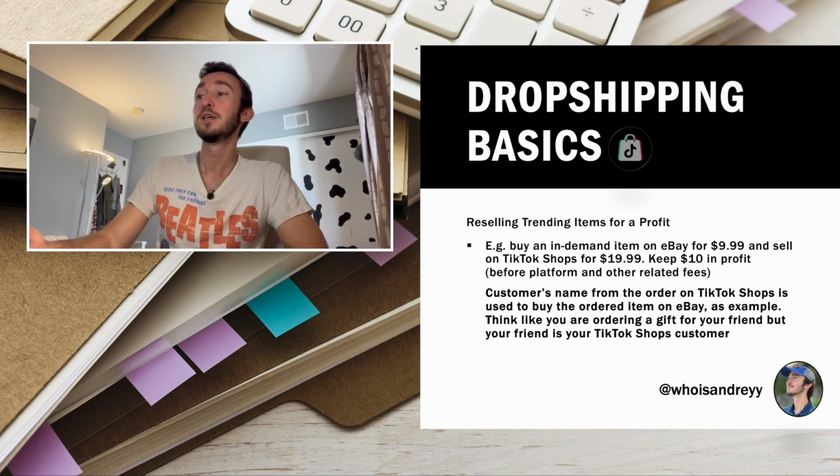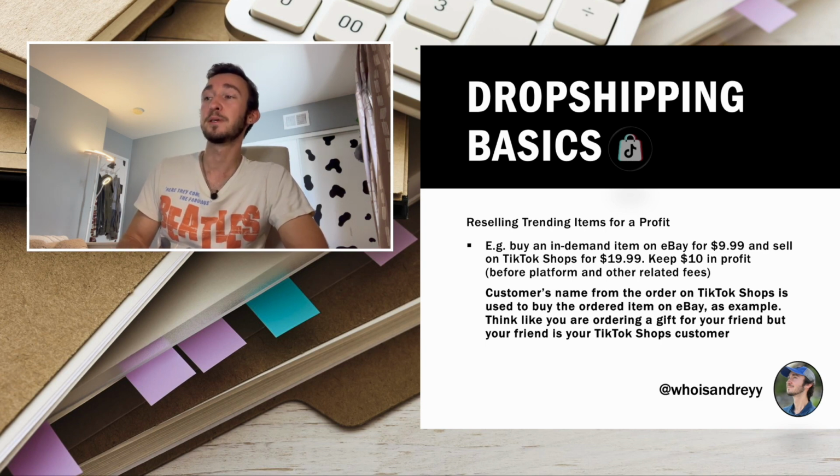So for example, you buy an in-demand item on eBay for $10 basically, and you sell it at a markup for $20. Okay, so you keep around $10 in profit. Of course, there are going to be TikTok fees, affiliate fees, so it's going to be a little bit less, but overall it's going to be like $10 to $7 in profit after all the fees. Okay, so this is kind of the idea.